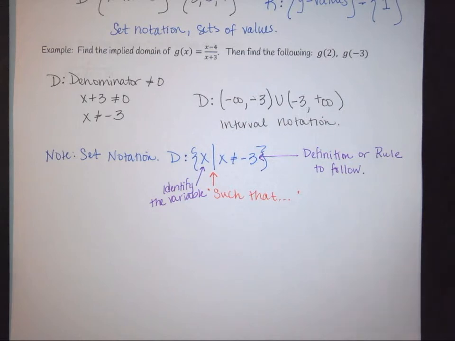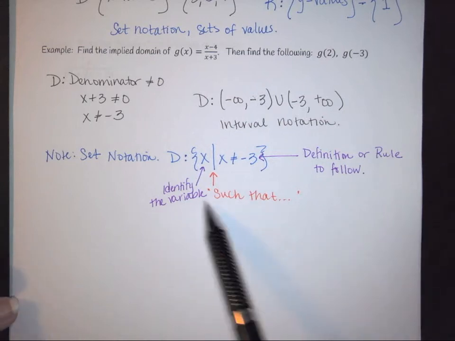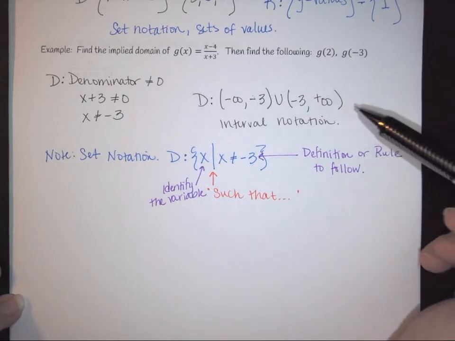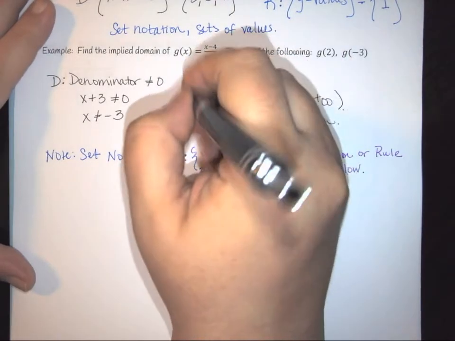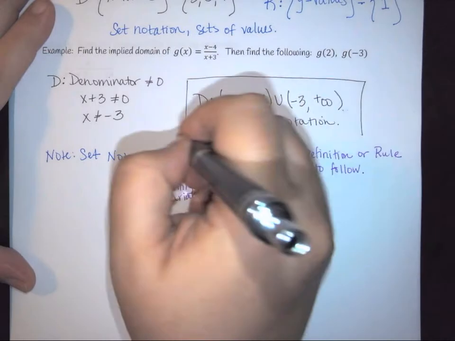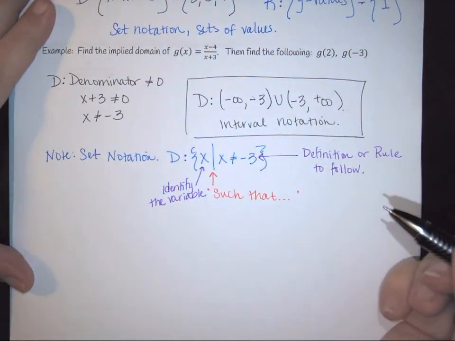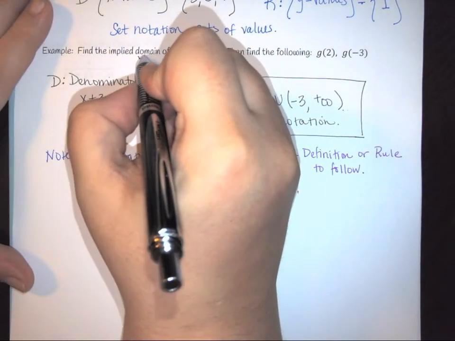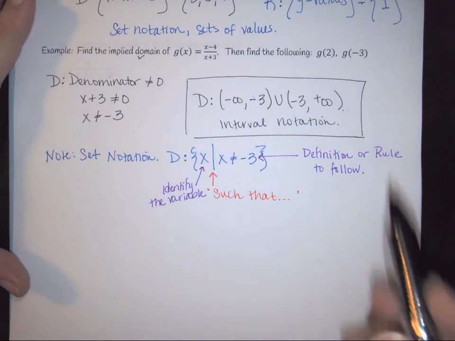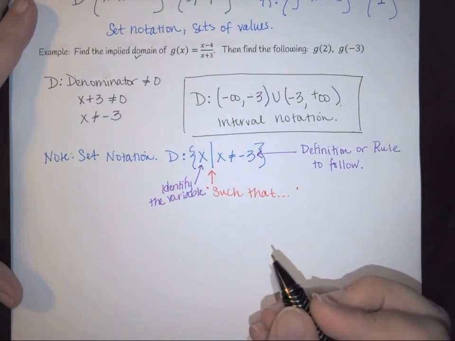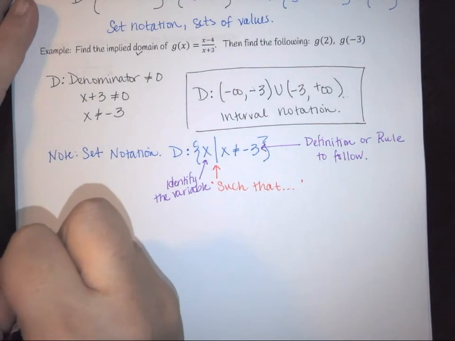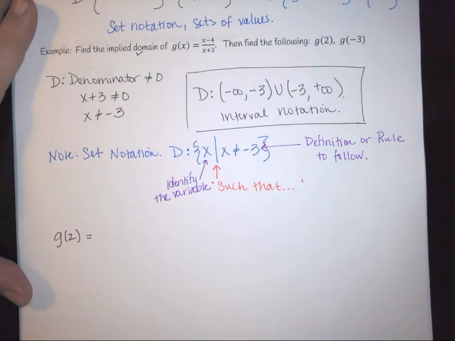So if you look at it, there's a lot that you would have to remember, which is why we generally prefer to use interval notation. So this would be my domain here. So if we're looking at everything we need to do, this would be the first part. So now we need to do the second part, which says we need to find or evaluate g of 2.